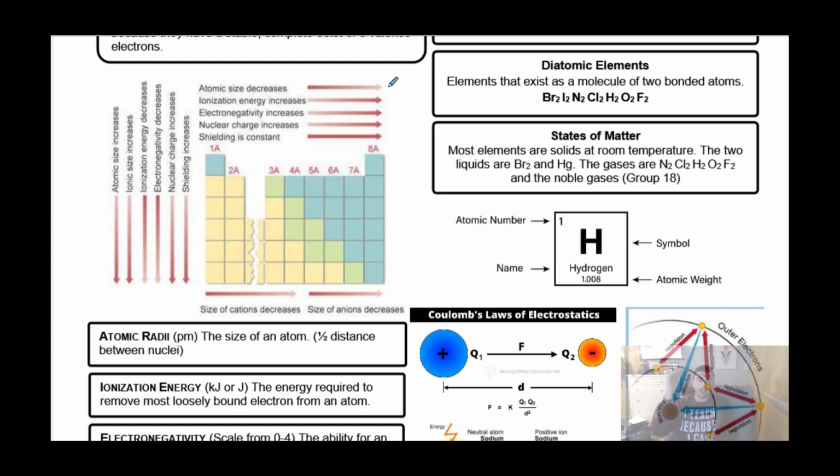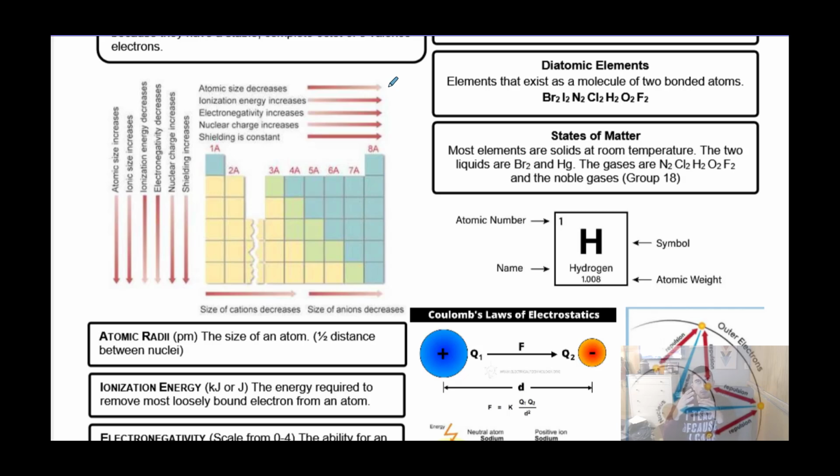So the valence electrons are about the same distance from the nucleus, but we're making the nucleus more positive, which allows the nucleus to pull that valence shell closer to itself because of the increased Coulombic charge and attraction. So that's the justification there.